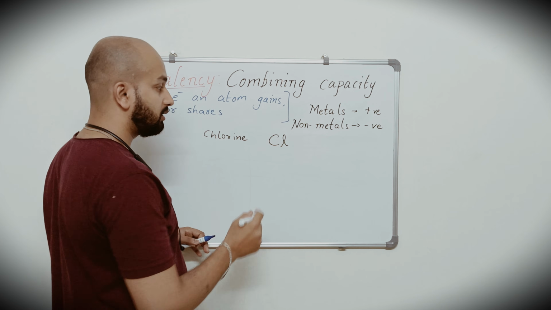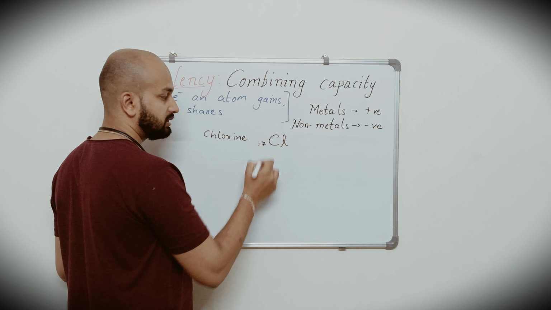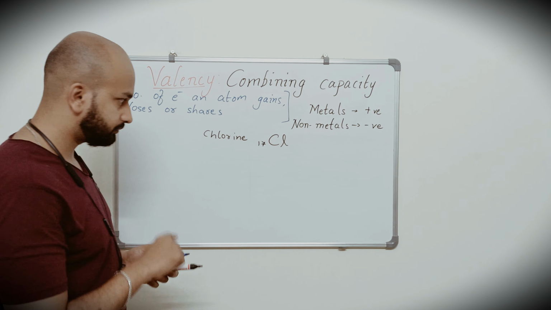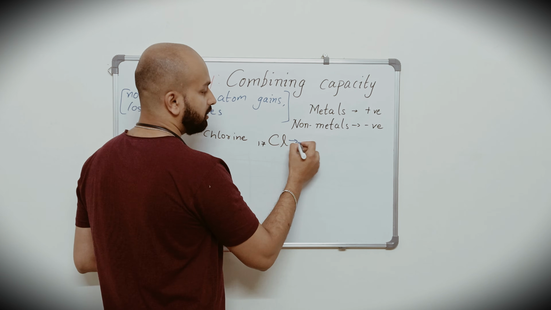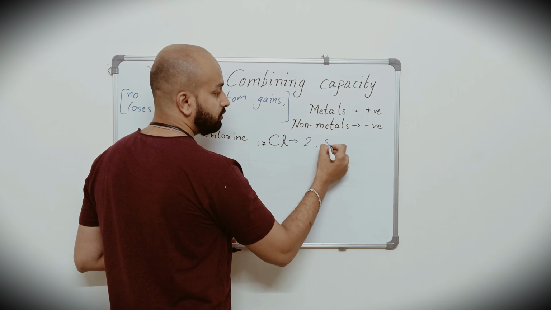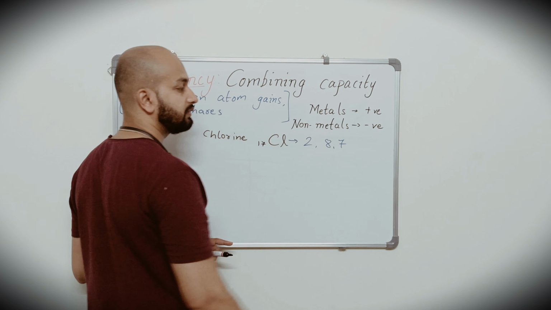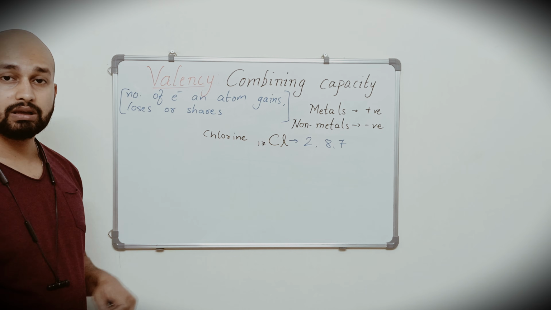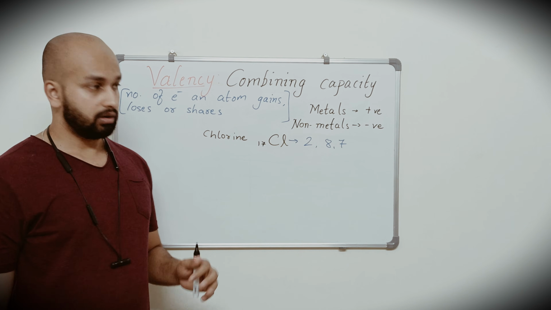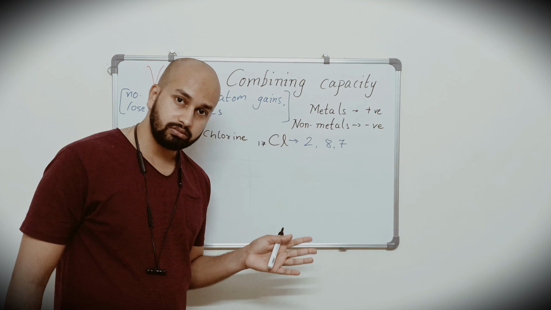Okay. Whose atomic number is 17. Now the configuration of this is going to be 2, 8, and 7. Again, the octet rule will still be applied here also.